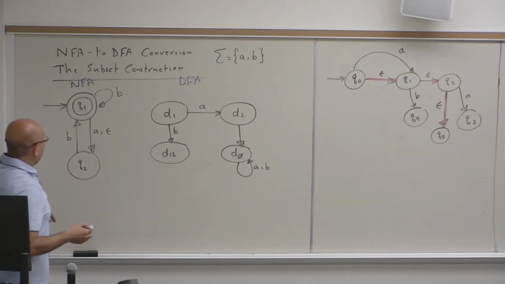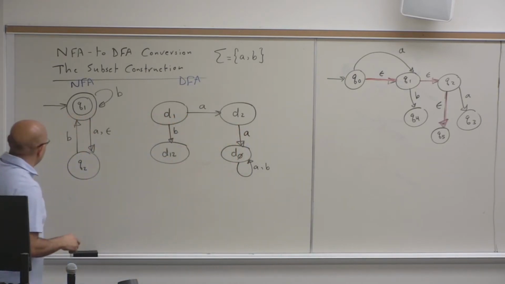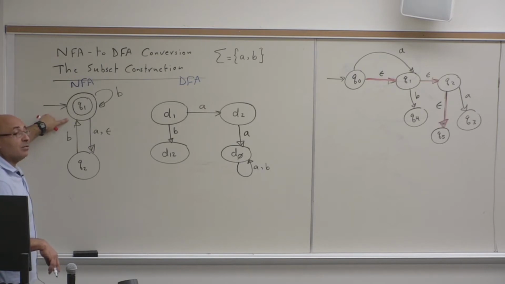Okay, so now if we are in D2 and we get an A, we go to D5. If we are in D2 and get a B, you go to Q1, but then you have the option of taking an epsilon transition to Q2. So whenever you go to Q1, you will never stay in Q1. You always have the option of going to Q2.